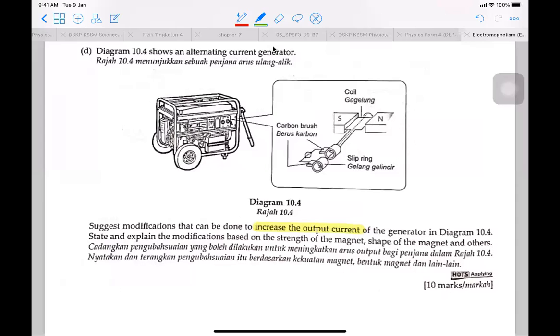State and explain the modifications based on the strength of the magnet, shape of the magnet, and others. So here they already give 2 aspects, and the rest you can add, the other 3 aspects. Because 10 marks, there should be 5 suggestions and 5 explanations to get 10 marks. So you have to think about what you need to do with the shape and also the strength.